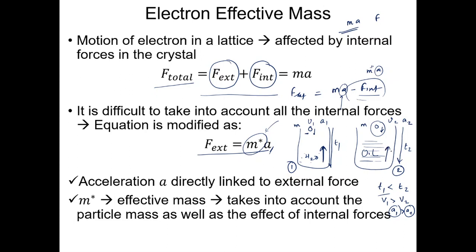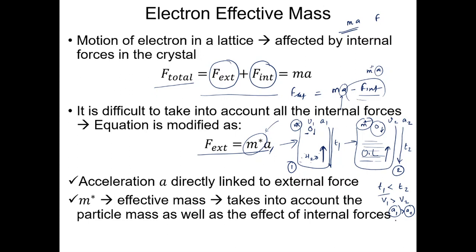So rather than worrying about the internal force, we can modify this mass, we can call it an effective mass, and this effective mass will be a function of the system we are dealing with. If it is beaker number 1, the effective mass will be smaller. If it is beaker number 2, the effective mass will be different compared to beaker number 1.